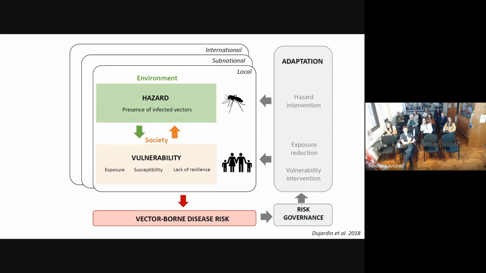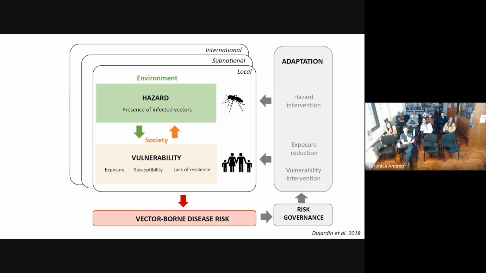There is the susceptibility: some people are more susceptible to getting the disease than others, depending on genetics, demography, and biological factors. And then there is the resilience, another important aspect: the capacity to anticipate, to cope, and to recover from the disease. We include in that the question of access to healthcare, for example.